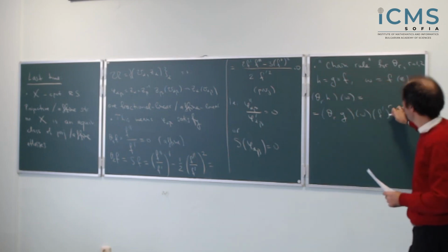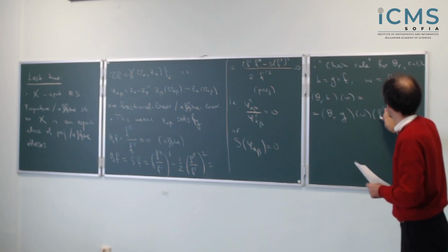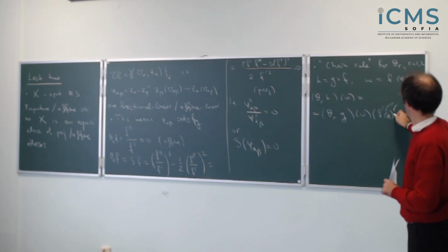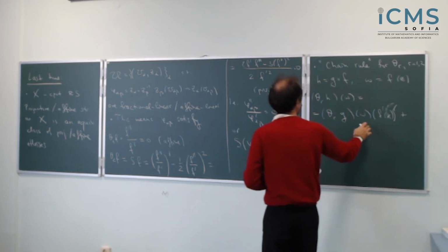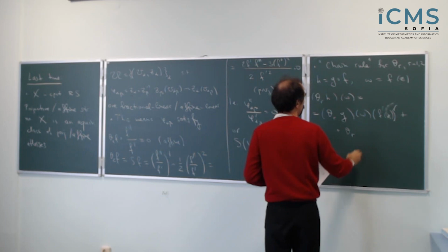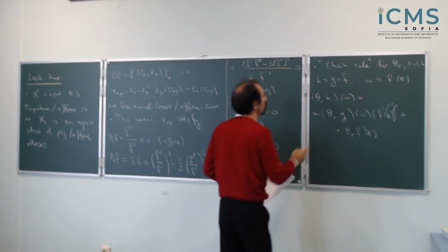So it's either just the derivative or the derivative squared, f prime of z, if you wish. Plus another piece, which is just theta r of f. Again, here r is 1 or 2.